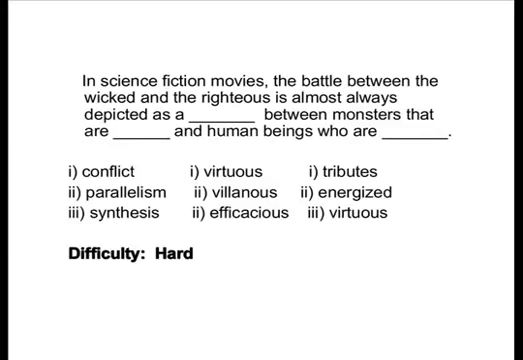We are going to need to use wicked and righteous again, replaced in the second blank and the third blank, the exact same meaning, because it is between monsters that are evil or wicked and human beings who are good or righteous. So let's select for the second and third blank words that fit.